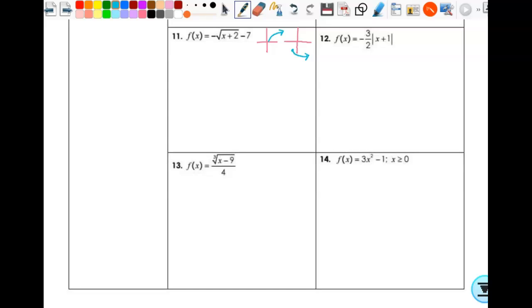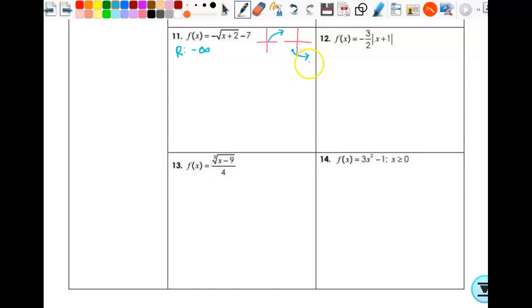You agree with that? Now, this range is not all real numbers. Remember, we want to look at the range of the original one so we can talk about the domain of the inverse. So the range of this function, where does my range start? Negative infinity.